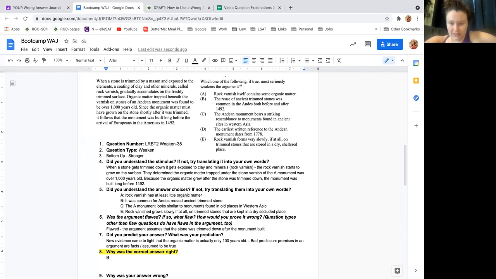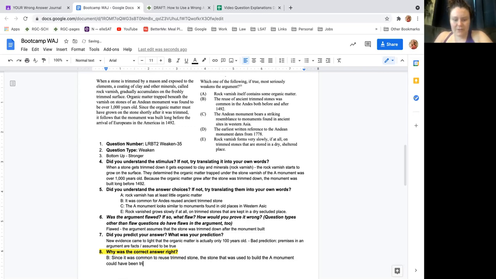My answer here is essentially that since it was common to reuse trim stone, the stone that was used to build the monument could have been trimmed down long before the stone was actually used to build the monument.